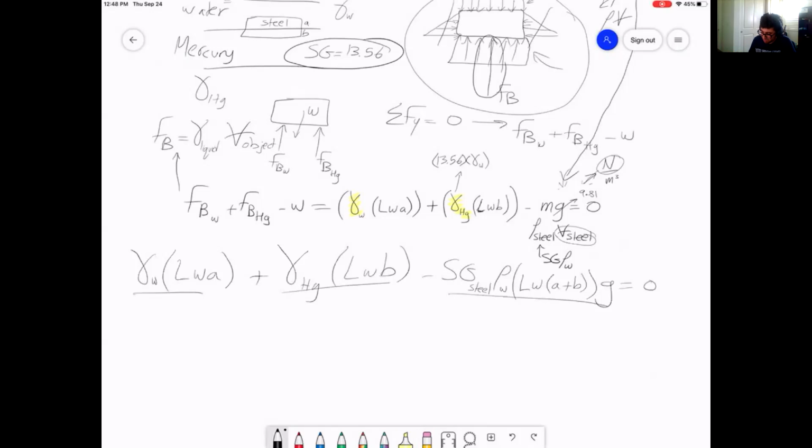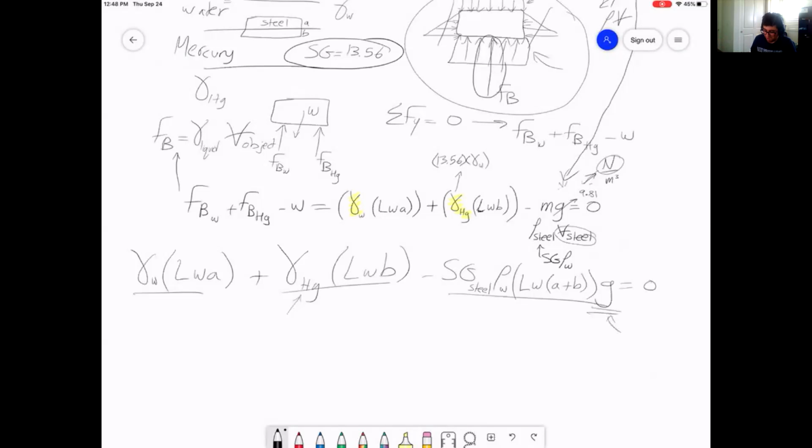How would you factor out gamma water from here? Well, it'd take more work, but yes, you can say it's specific gravity times, right? But there is one term that you can factor out easily. It's gravity. Yes, you can factor out rho water, but gravity is right there.